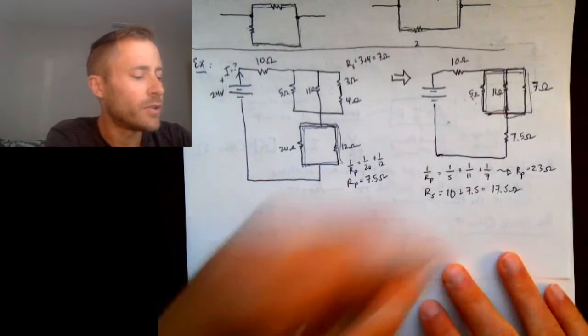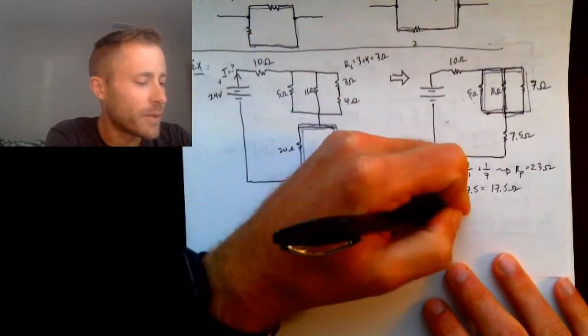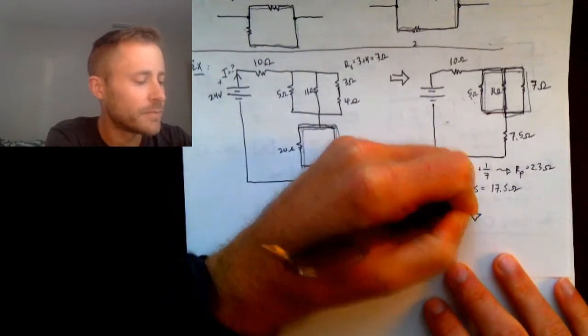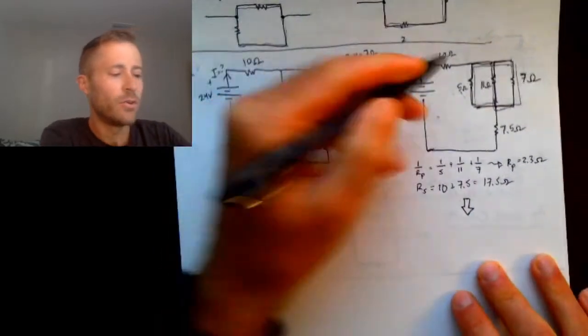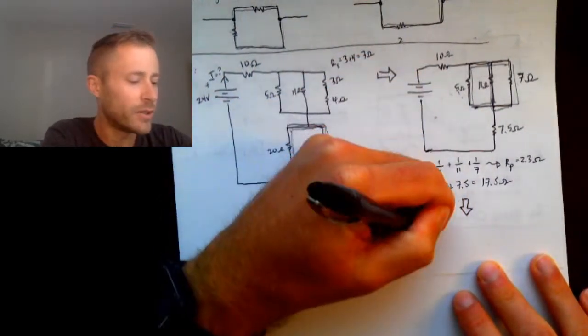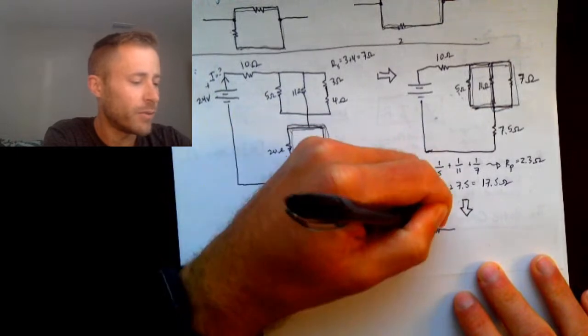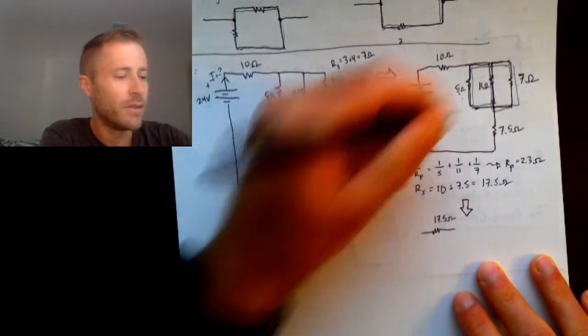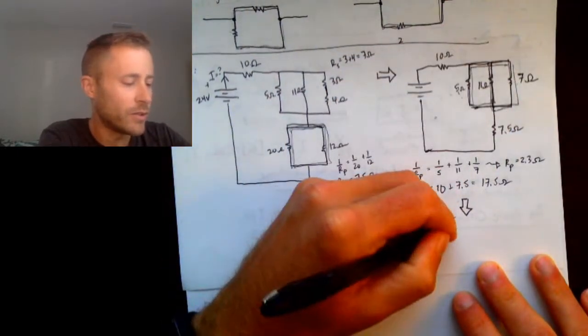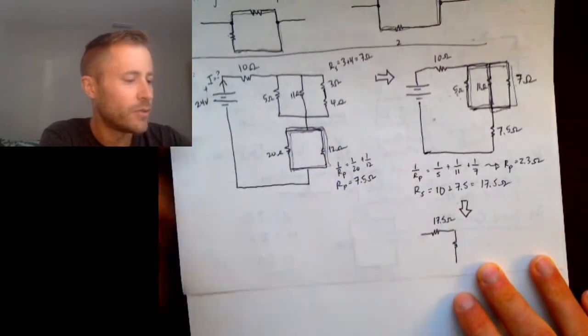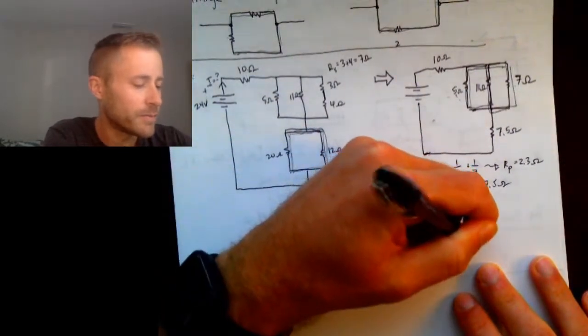All right, so now I redraw the circuit with those changes. So these two become one single 17.5 ohm resistor. These three become one single 2.3 ohm resistor.